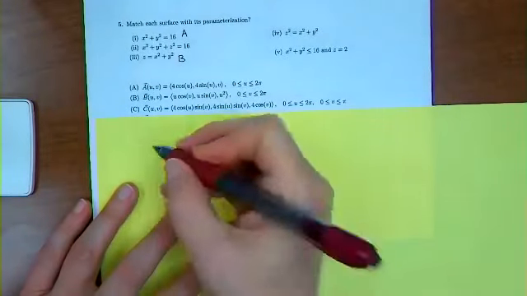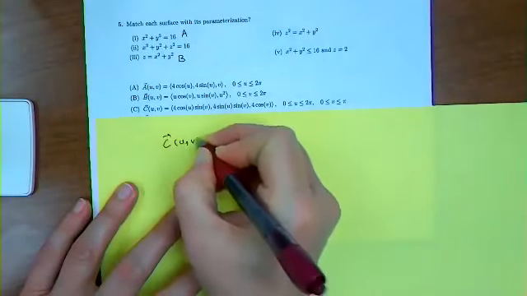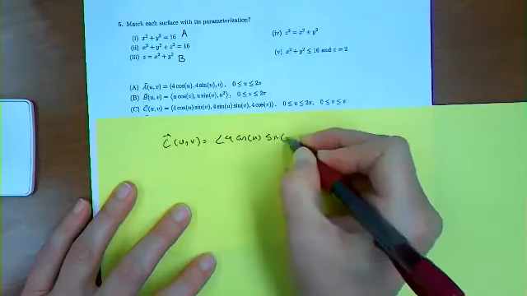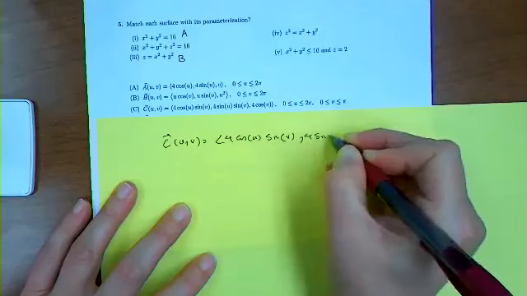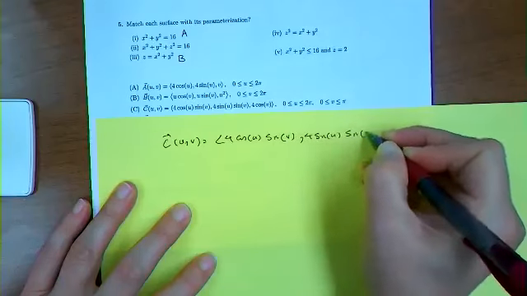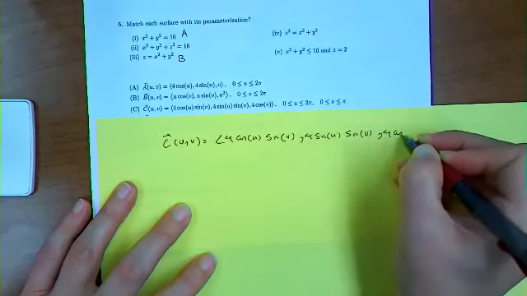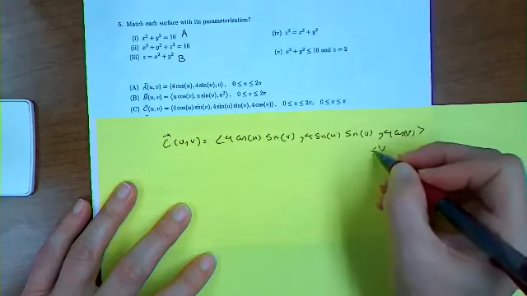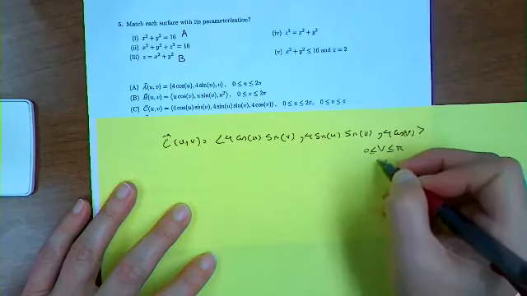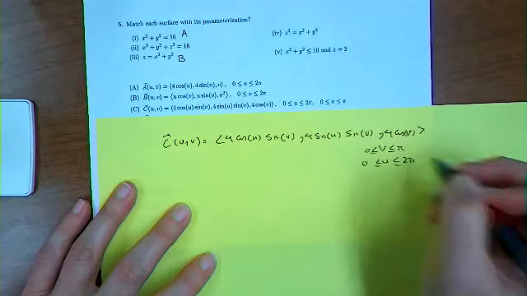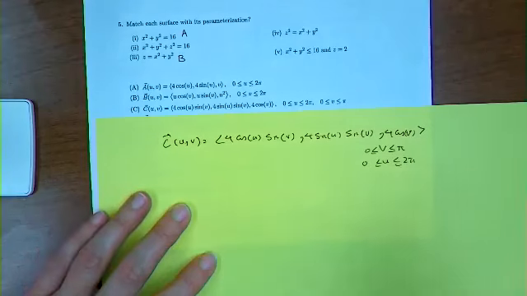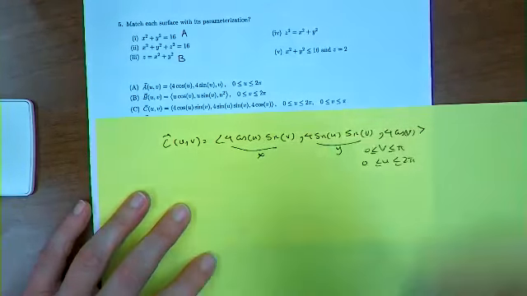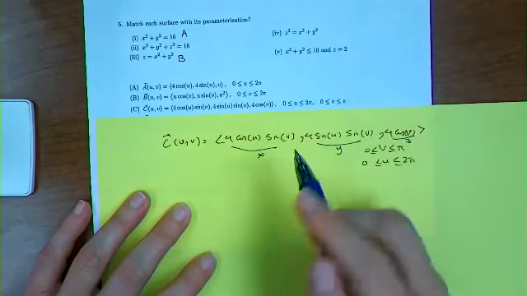Now let's do C. C of u and v is equal to 4 cosine u sine v, 4 sine u sine v, and 4 cosine v. V is between 0 and pi, u is between 0 and 2 pi. Here's x, here is y, that's z.